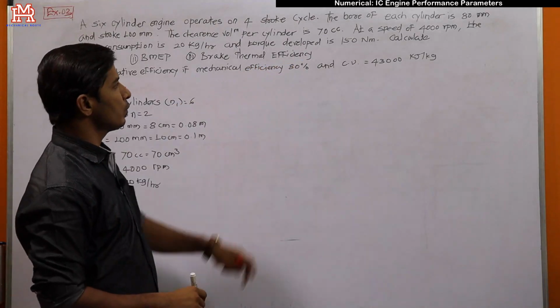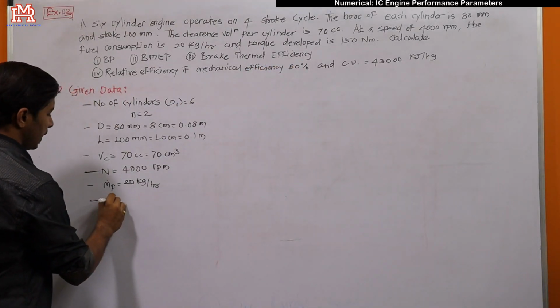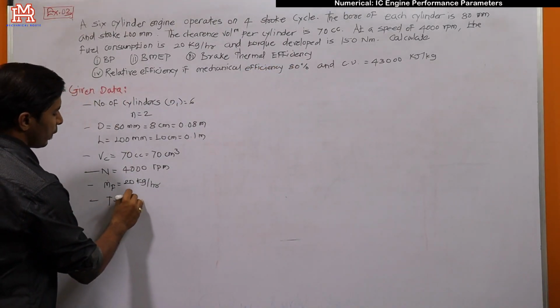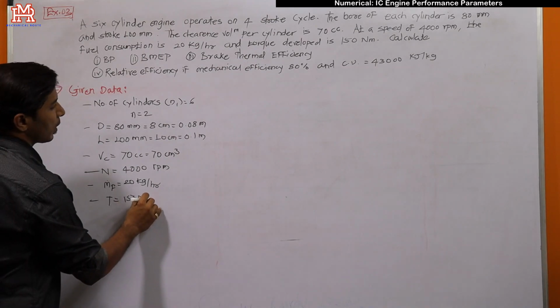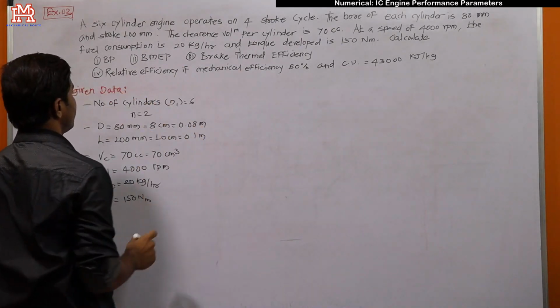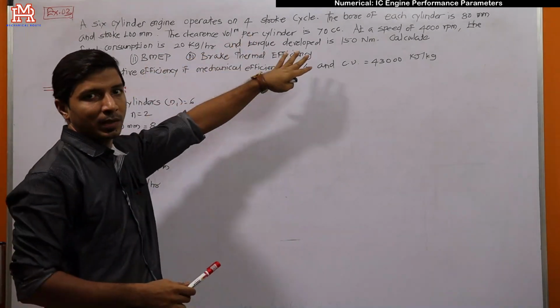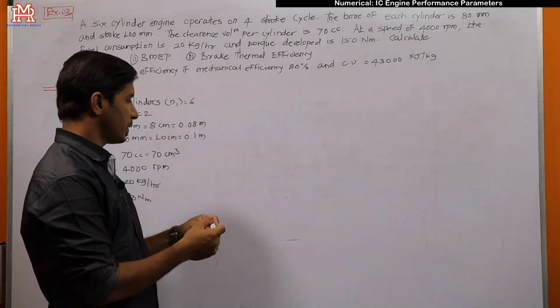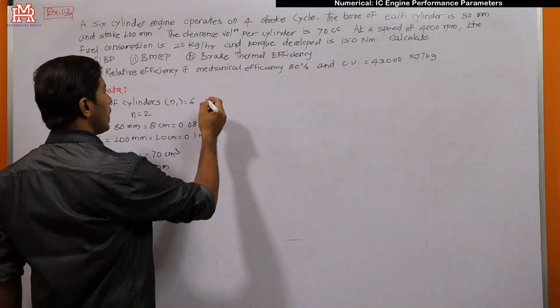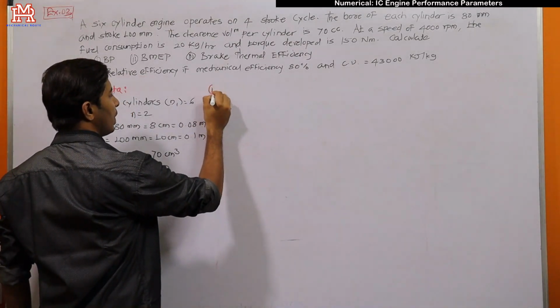Torque developed is 150 Newton meter, capital T is given as 150 Newton meter. Calculate. Now we have to calculate these parameters: brake power, BMEP, brake thermal efficiency, and relative efficiency. Now we can go on calculating one by one.